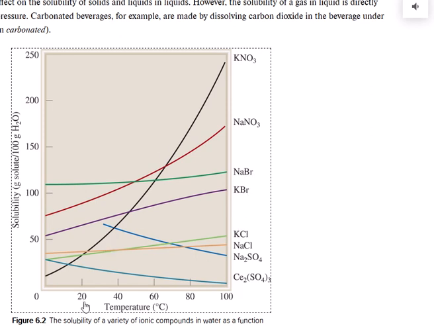Most of them, as the temperature goes up on the x-axis, the solubility in grams per 100 grams of water goes up. So if we look at one of them, for example, potassium nitrate, you can see how potassium nitrate at around 75 degrees dissolves about 150 grams of potassium nitrate in 100 grams of water.